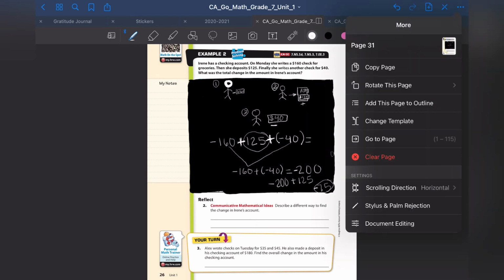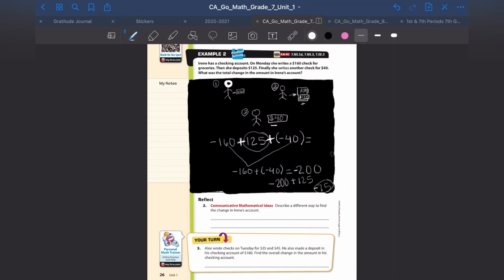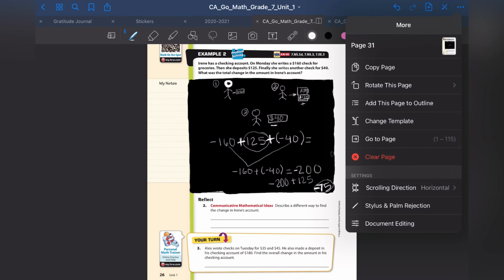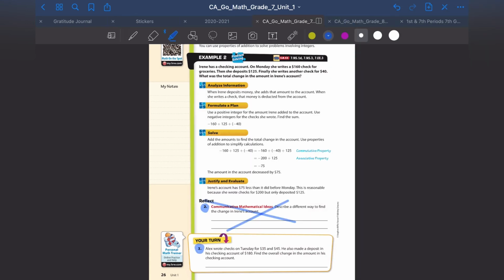So now the negative means that she actually owes money to the bank. She spent more money than what she earned, so now she's in debt. You don't want to be in debt. Do number 3 for sure.